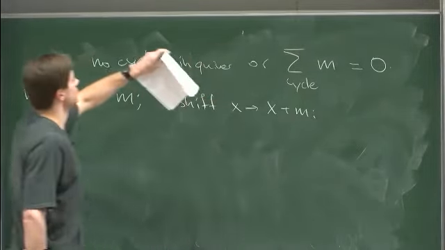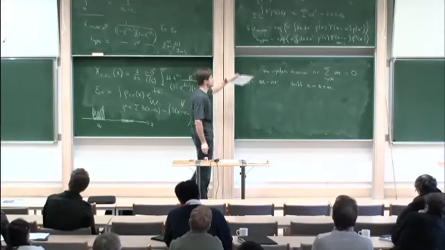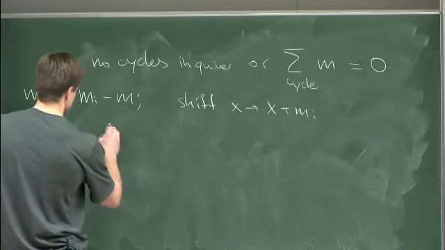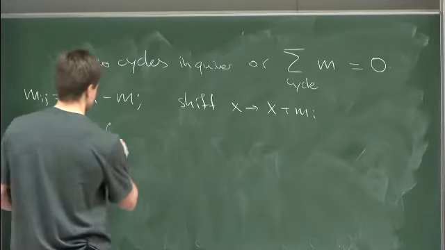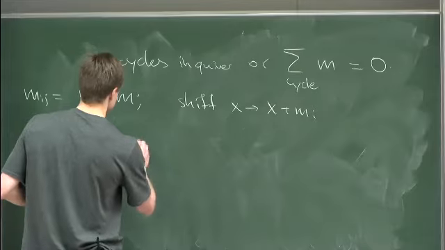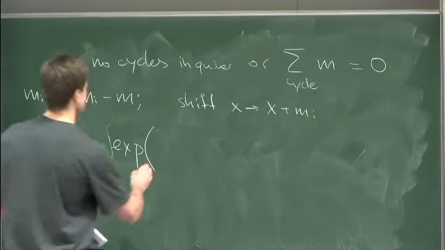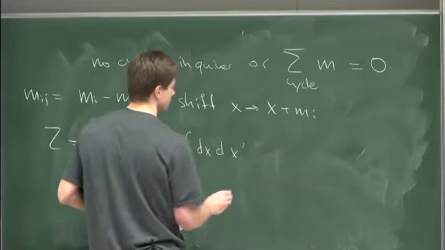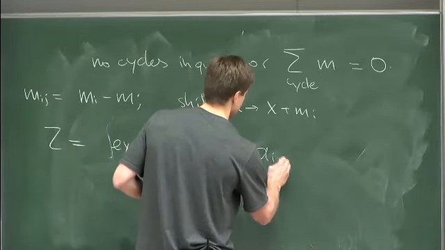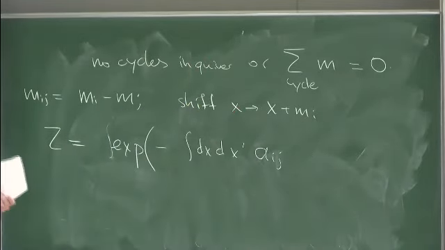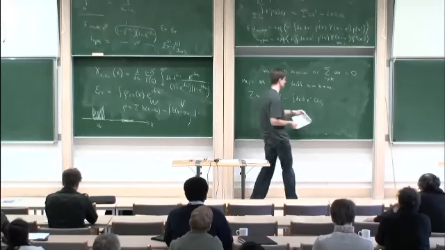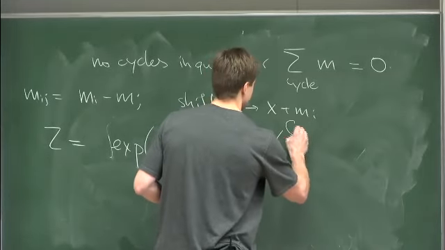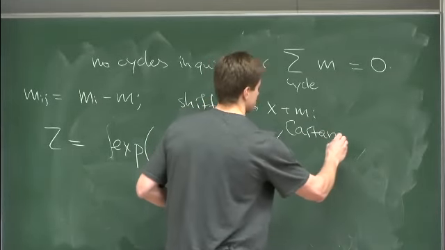So after that, it's possible to write down the effective action in a very compact way, so that the partition function is the exponential of this bilinear contraction, the integral of dx dx prime, then the matrix a_ij, which encodes how many hypermultiplets you have between the node i and j, and which has 2 on the diagonal. So this is the Cartan matrix of the corresponding quiver.